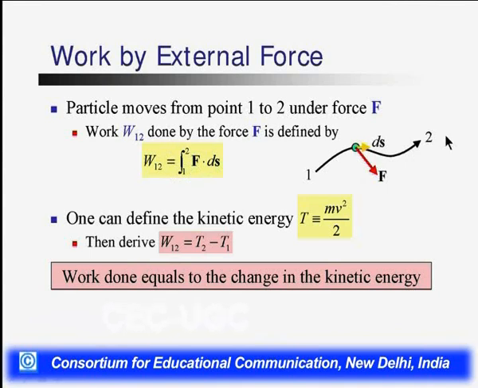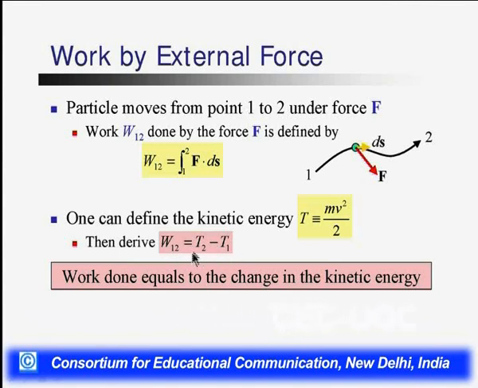Here we see the particle is moving, ds is the distance, and F is the force. Then we define the kinetic energy, T is equal to mv square by 2. Then we can derive W12 is equal to T2 minus T1.